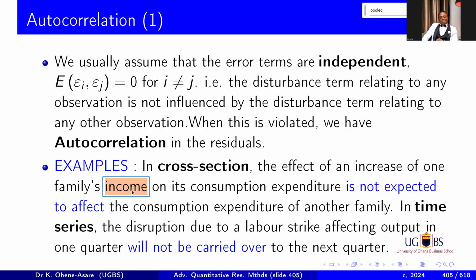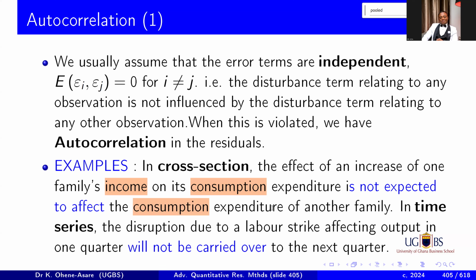That increase in their income led to higher consumption expenditure. They started consuming a lot. They bought brand new cars, they bought 2 new houses and all of that. That should not motivate the consumption of another family in Cantonment.